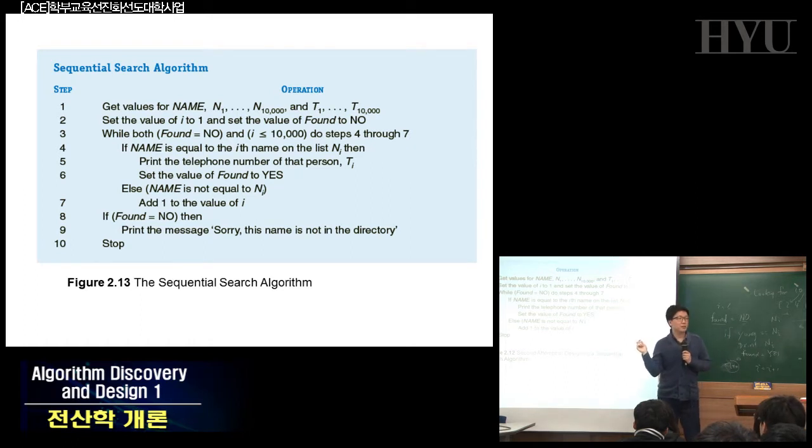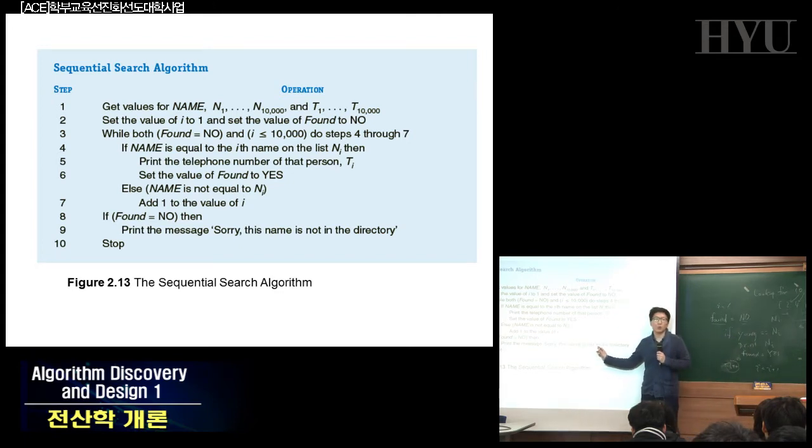What would be the message? Well, there would be no message, right? Otherwise, they don't express anything else. In the third one, they will print out the message that if found is no, then there is no name that you're looking for in my list.